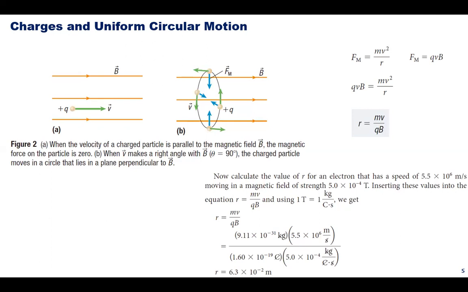Recall that when a particle experiences a force of constant magnitude perpendicular to its velocity, the result is circular motion, right? We have already studied this in the very first unit, which is shown here in figure 2b.